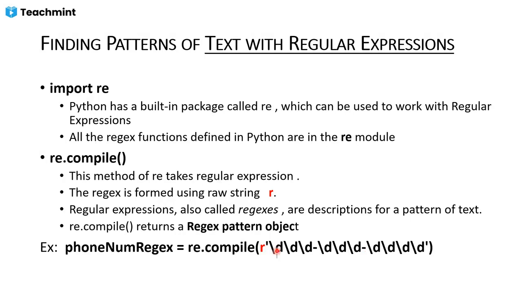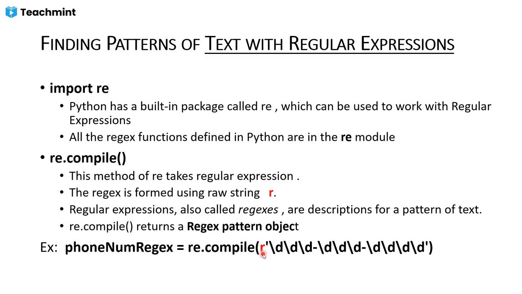Sometimes this pattern contains special characters which have a special meaning in pattern matching, like star, plus, question mark or brackets, which have other meanings. In order to use that star or plus or open bracket, close bracket as a part of the expression, or to hide that other special meaning, we have to treat it as a raw string.